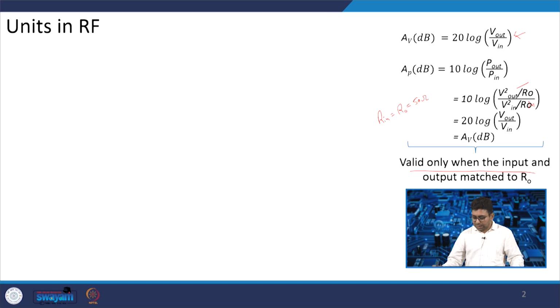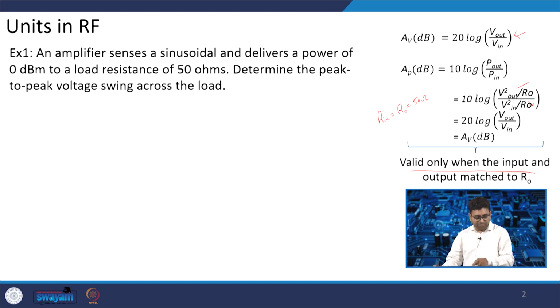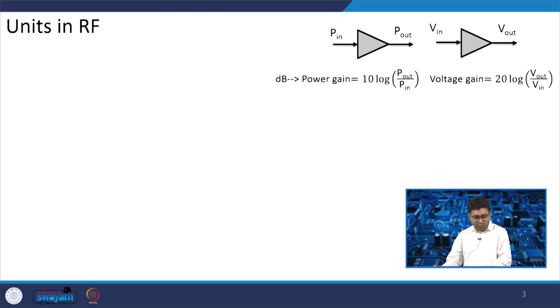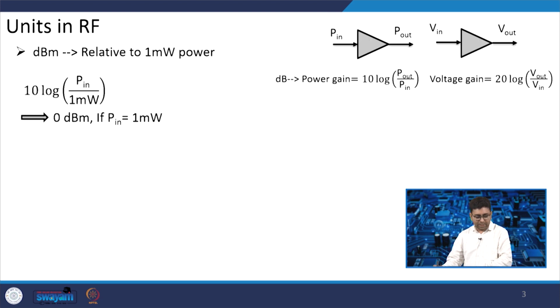There is one more unit that is important, dBm. This dBm is relative to 1 milliwatt power. Always remember that dBm is with respect to 1 milliwatt power and it is an absolute quantity.